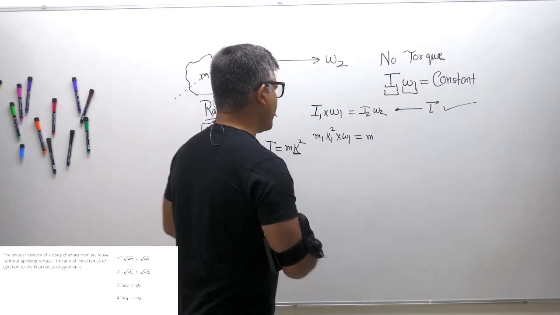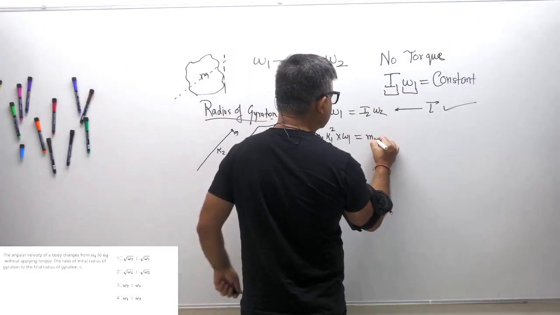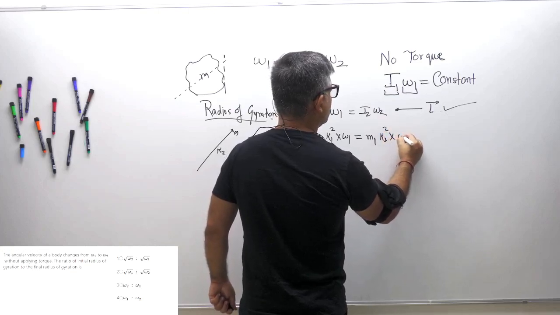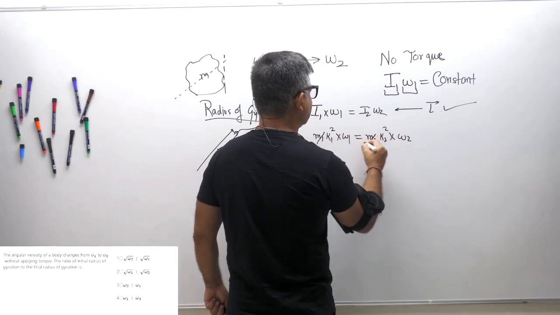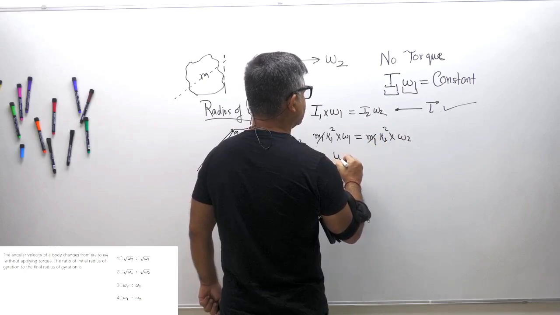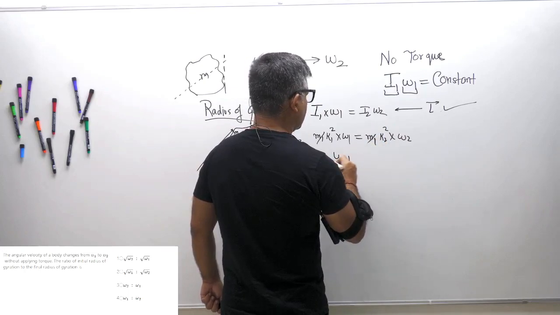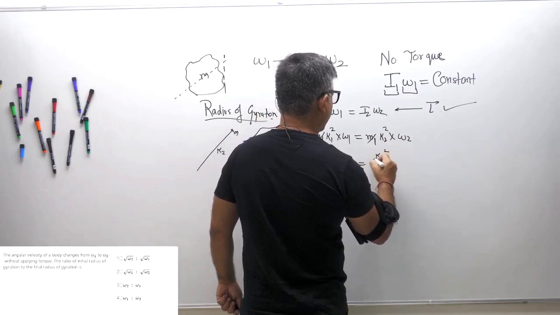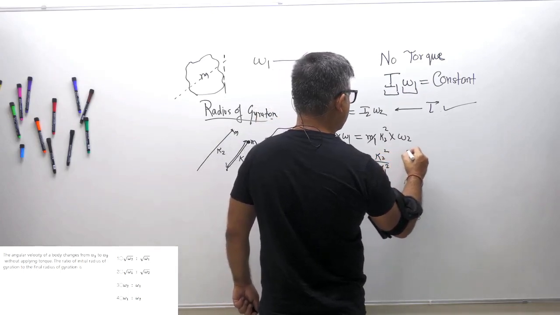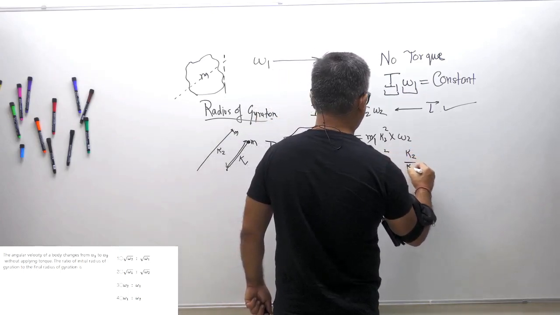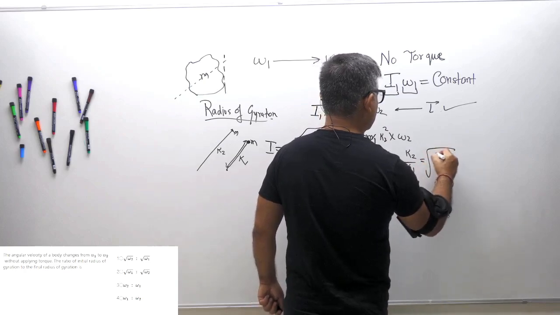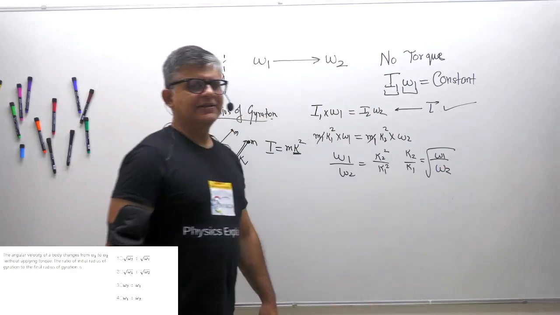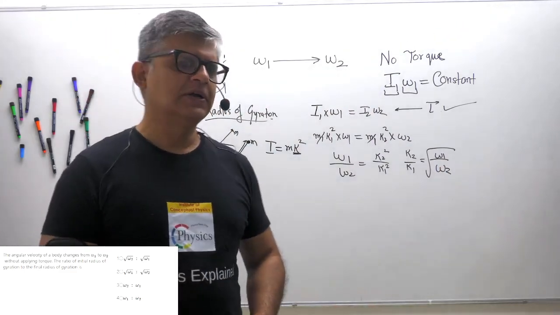So M on both sides remains the same, and M gets cancelled. Omega 1 upon omega 2 is equal to K2 squared upon K1 squared, and K2 upon K1 is equal to omega 1 upon omega 2. This is the ratio of the velocity.